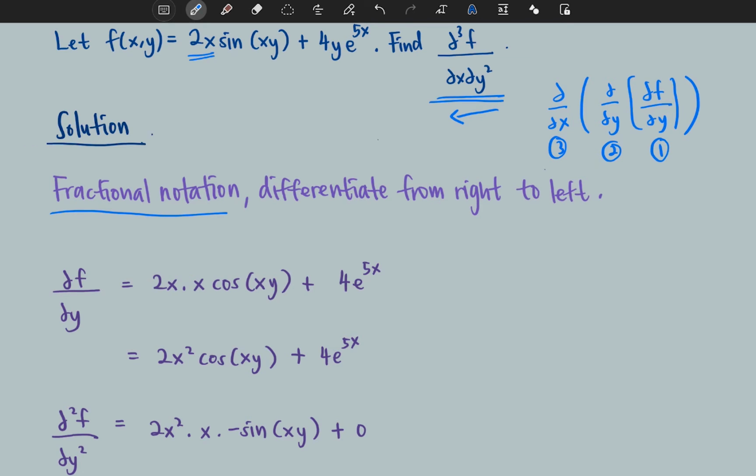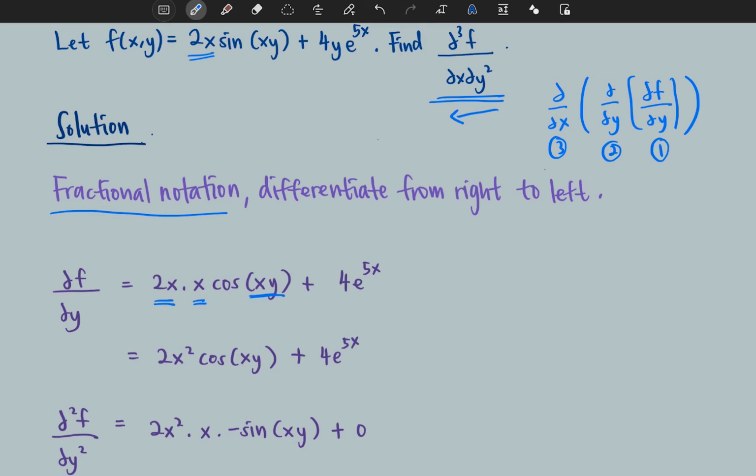okay, 2x is assumed as constant because we want to differentiate with respect to y. So it's going to be 2x times x because here we differentiate the angle xy. Differentiate the trigonometry sign, we get cos, so cos xy. Remember, the angle will be the same throughout the solution.